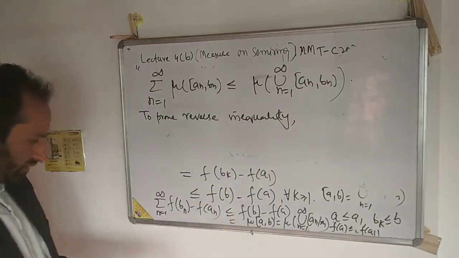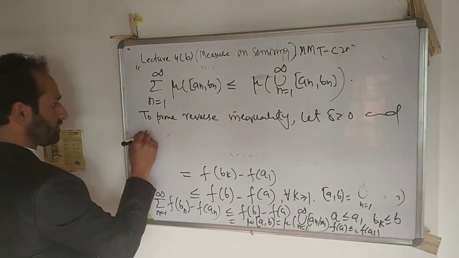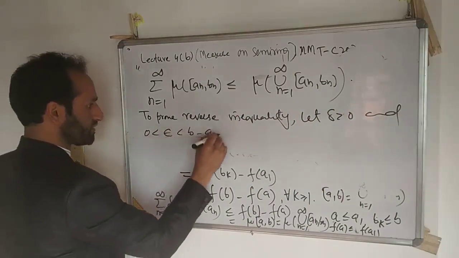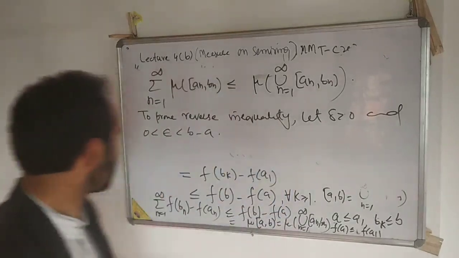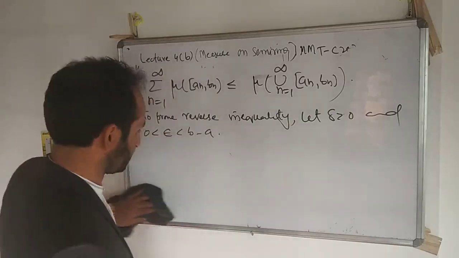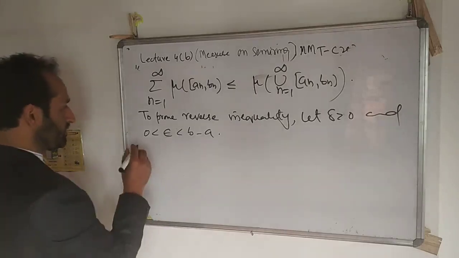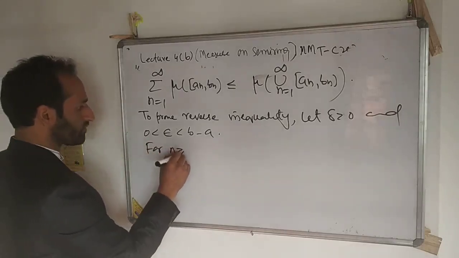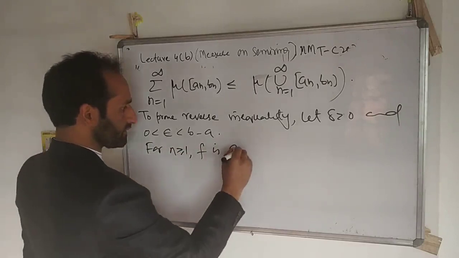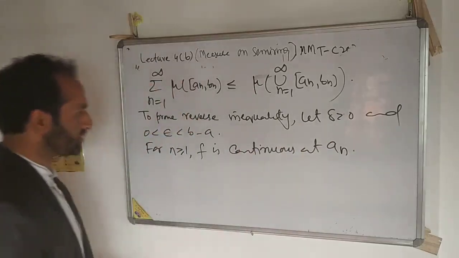To prove the reverse inequality, let delta be any positive number and let epsilon be such that 0 is less than epsilon less than b. We need two positive numbers. So for all n greater or equal to 1, f is continuous at a_n.